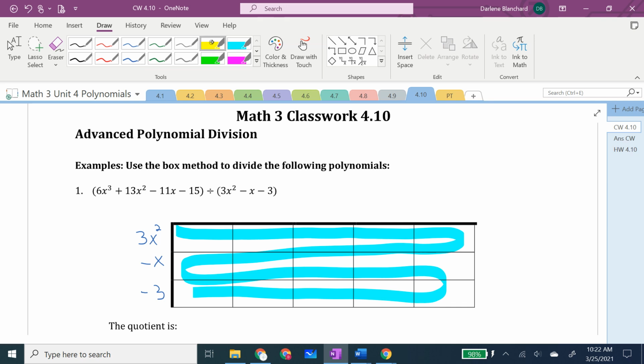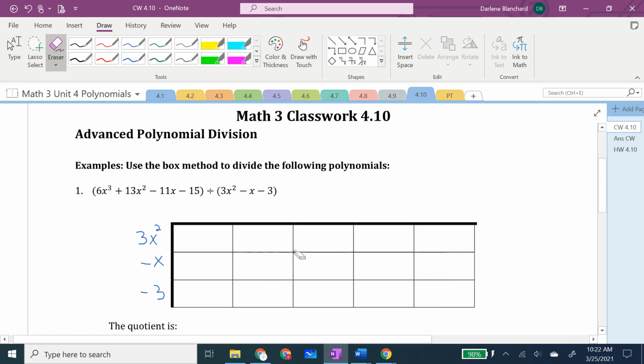The answer to the division is going to be what we end up getting up here. So we're going to start like we started before with take the leading term, put it in the upper left box.